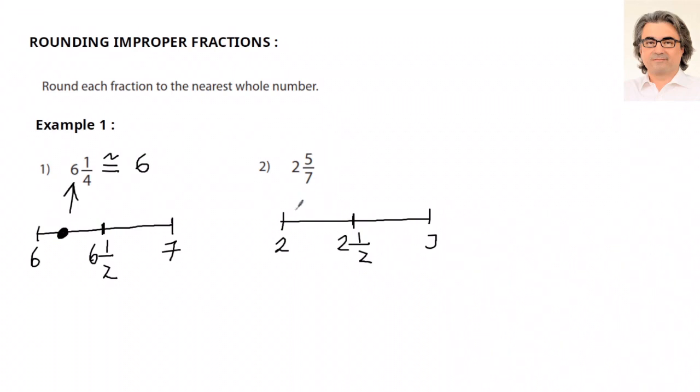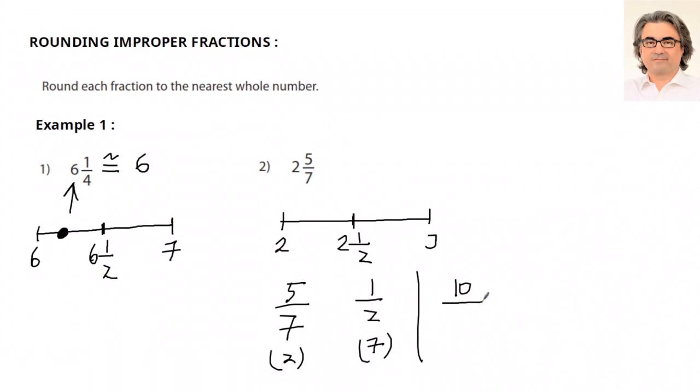How? By equalizing denominators. 5 over 7, 1 over 2. Multiply 5 over 7 by 2 and 1 over 2 by 7. The results will be 2 times 5 is 10, 2 times 7 is 14, 7 times 1 is 7, and 7 times 2 is 14. So their denominators are equal to each other. 10 is greater than 7.